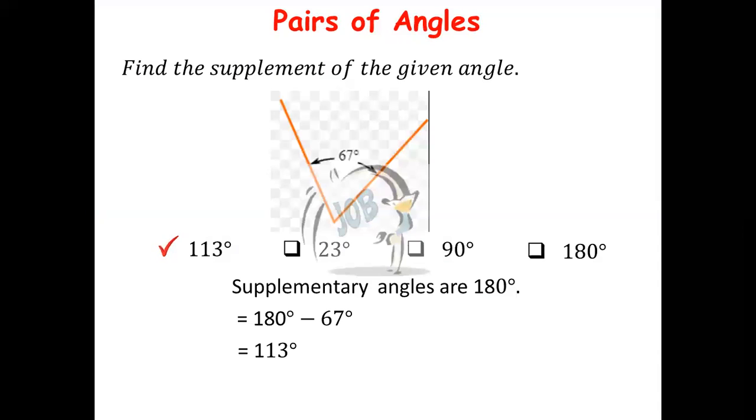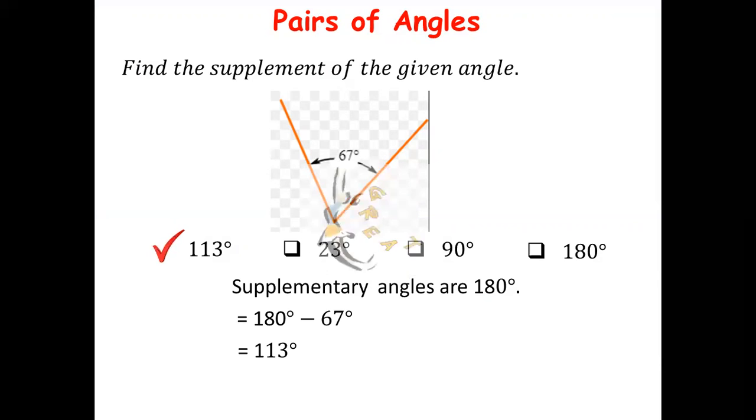So let's quickly revise the things given here. If they say find the supplement of the angle, you need to subtract it from 180. If the question says find the complement of the angle, that means you have to subtract that from 90 degrees, because supplementary angles are 180 degrees and complementary angles are 90 degrees. Hope you have understood and made a note of that.